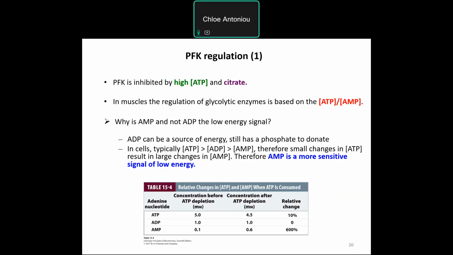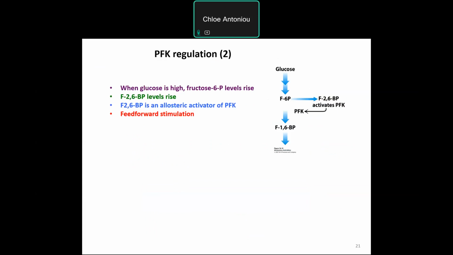So I put it here just because it is part of this, but to fully understand that, I will explain it again when we do the Krebs cycle. Okay, so you see it says here, in muscles, the regulation of glycolytic enzymes is based on the ATP to AMP ratio, and this is the explanation. So here are some diagrams to explain that are coming.